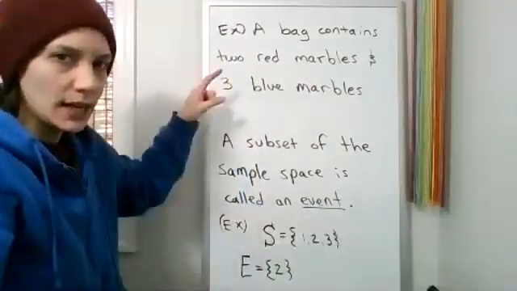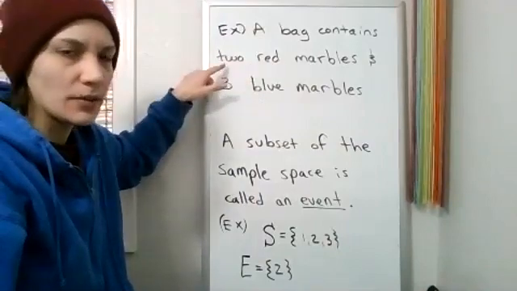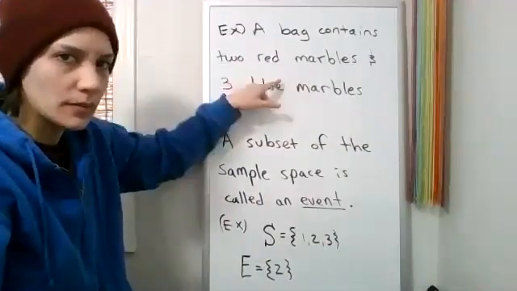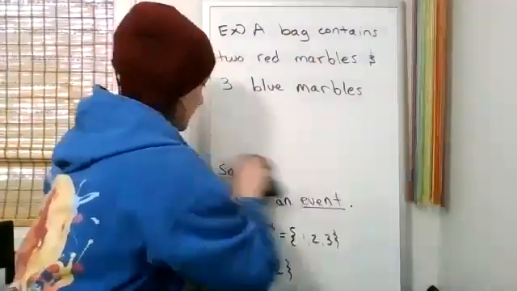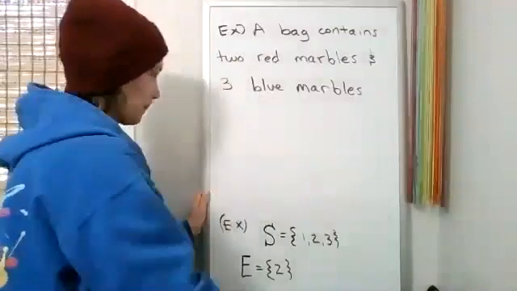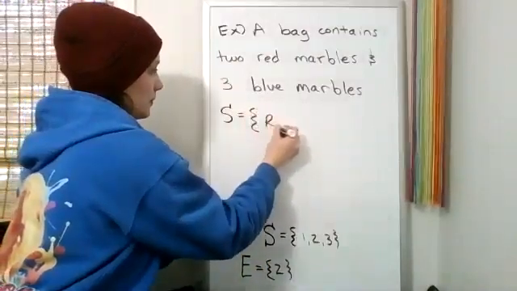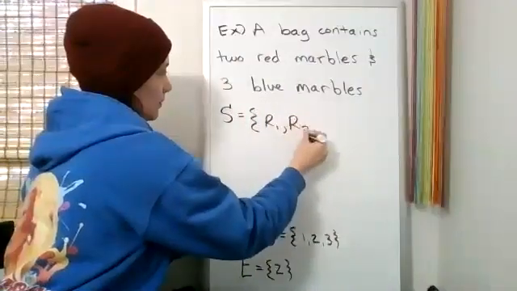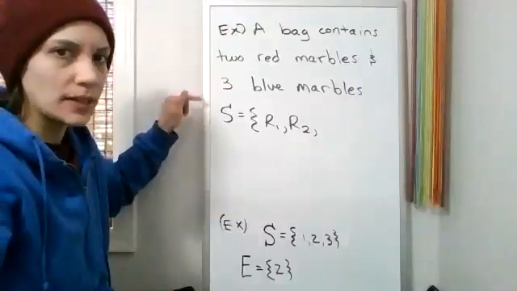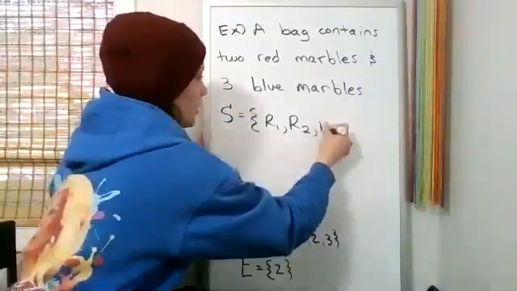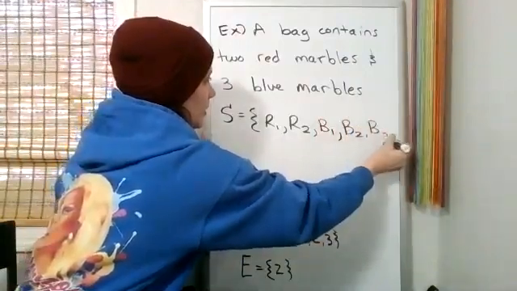I would use capital R for red, and have R1, R2 for each of those red marbles. And then for the 3 blue marbles, we'll do capital B1 is the first blue, and then B2, and B3.